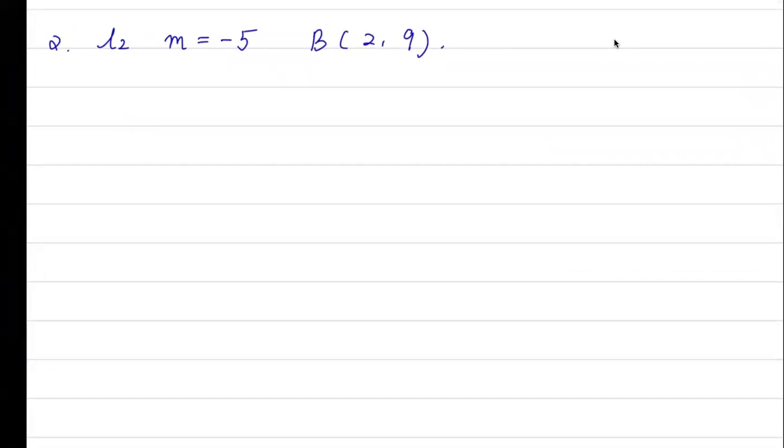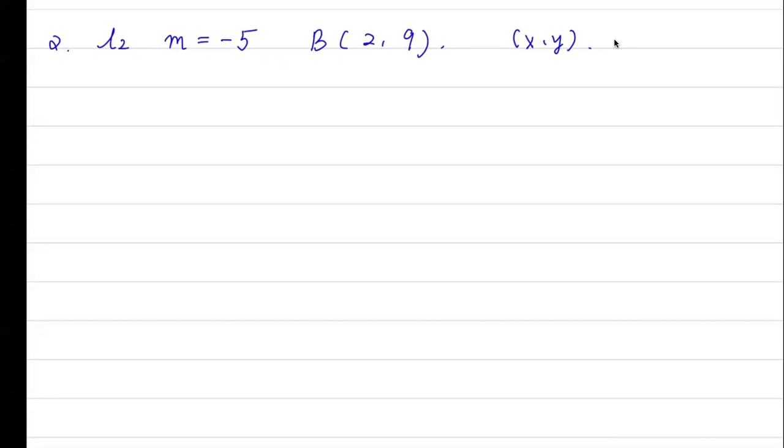We know this straight line is there, and we already know 1 point on the straight line, which is (2, 9), point B. We just need another point on the straight line whose coordinates can be generalized to (x, y). So we have another point, (x, y), which is also on L2.